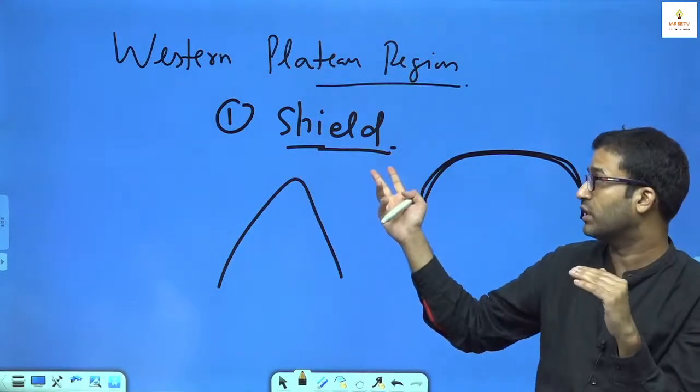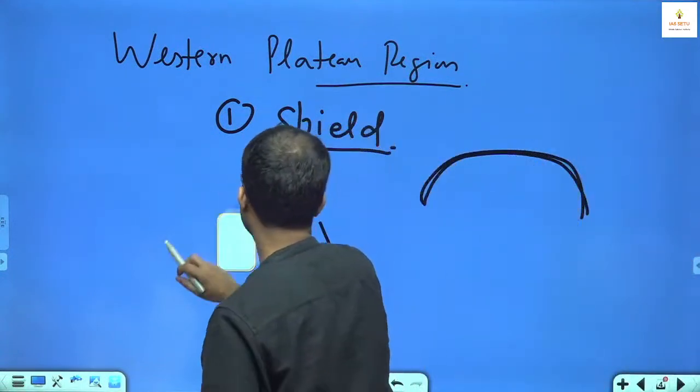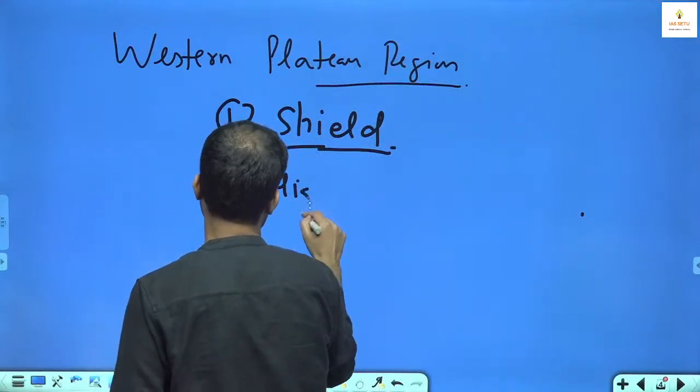तो द वेस्टर्न पार्ट ऑफ ऑस्ट्रेलिया शील्ड है या टेबल लैंड बोल दो उसको, इट इज हाई टेबल लैंड, तो वी यूज दिस टर्म, इसको शील्ड भी बोलते हैं एंड वी कॉल इट एज हाई टेबल लैंड.